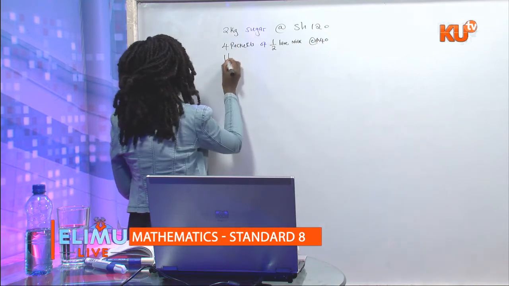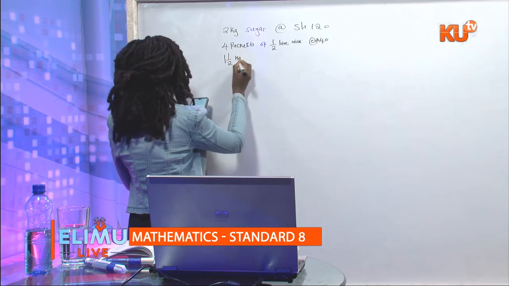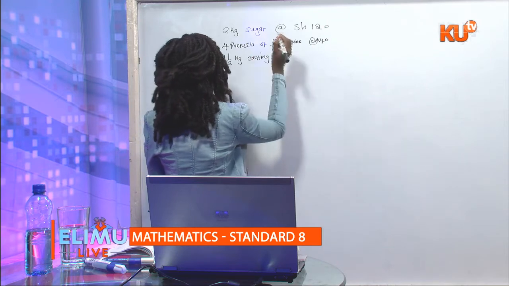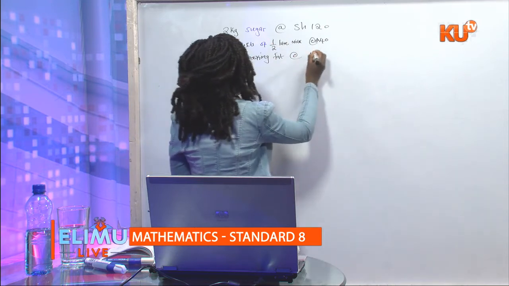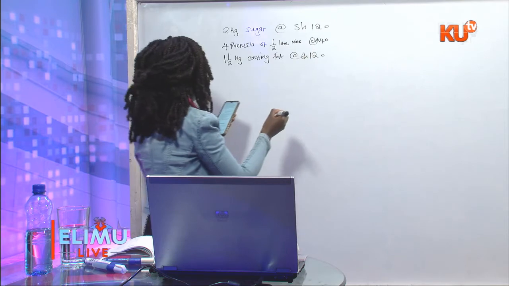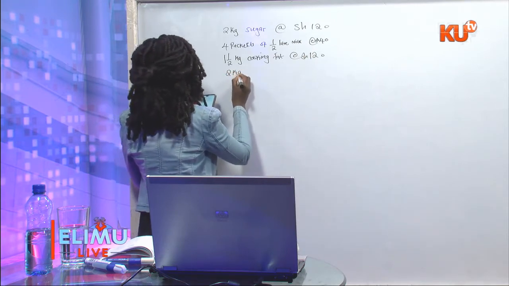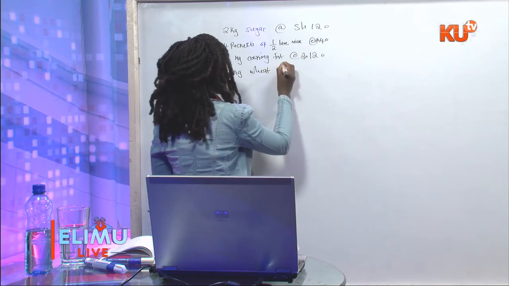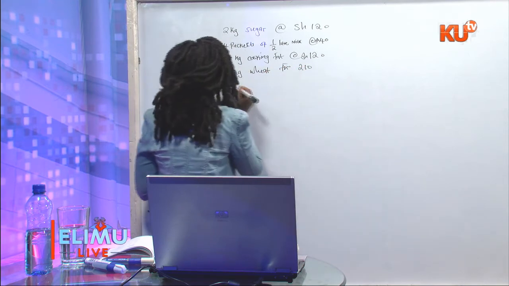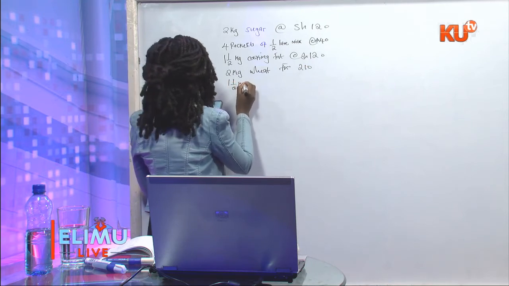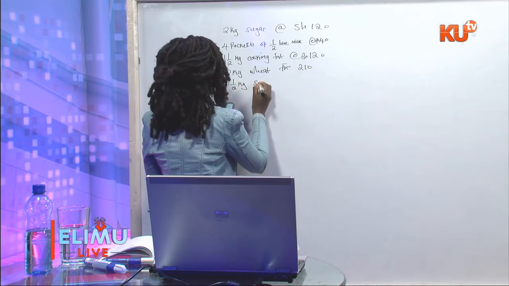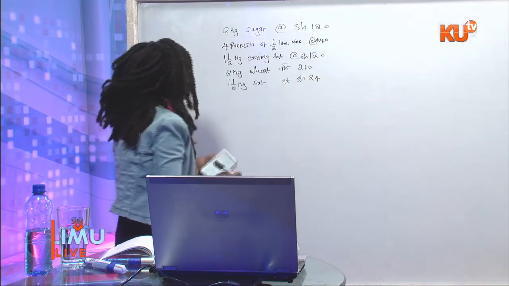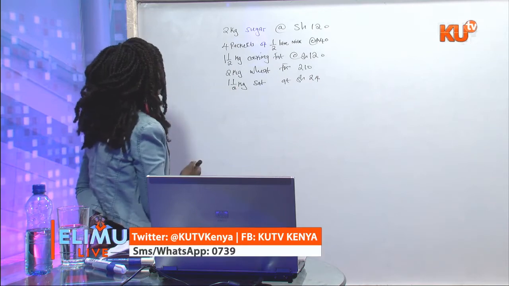And then we have 1½ kgs cooking fat at 120 shillings each. 2 kgs wheat flour for 210 shillings. And we have 1½ kgs salt at 24 shillings per kg. So we are preparing the bill.